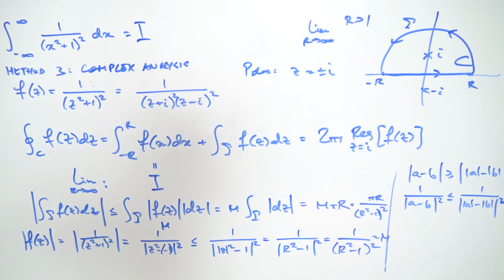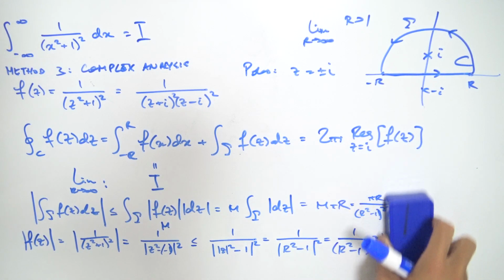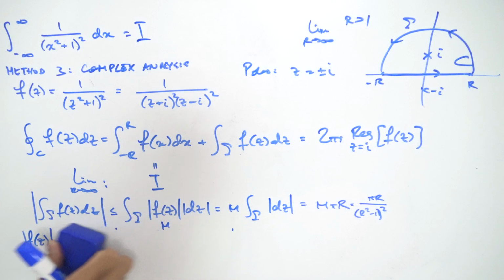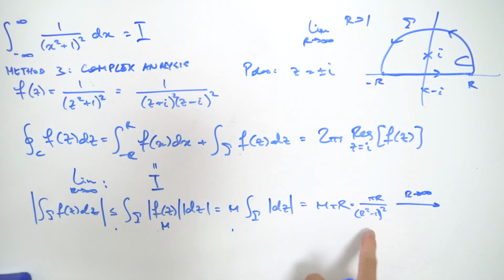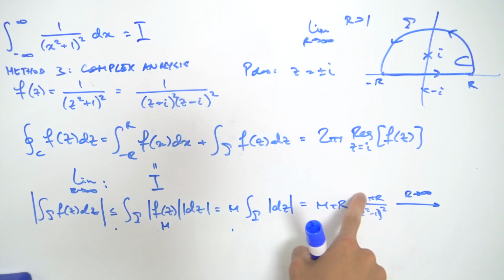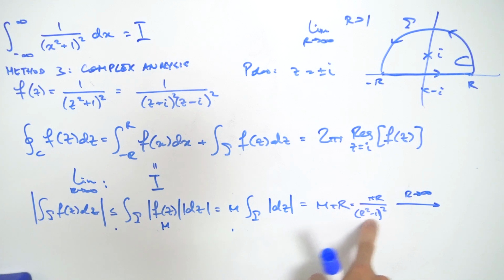And obviously if you take the limit as r approaches infinity, the degree of r down here is greater than the degree of r on the top. We have an r to the 4 versus an r on the numerator, so obviously this goes to 0.